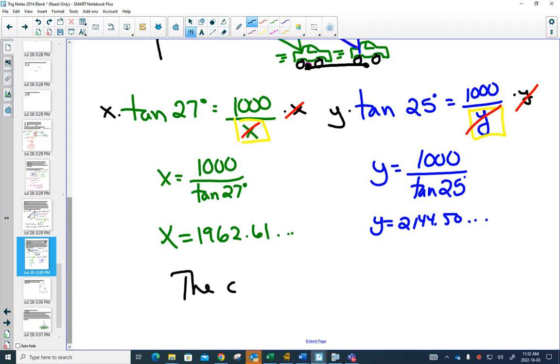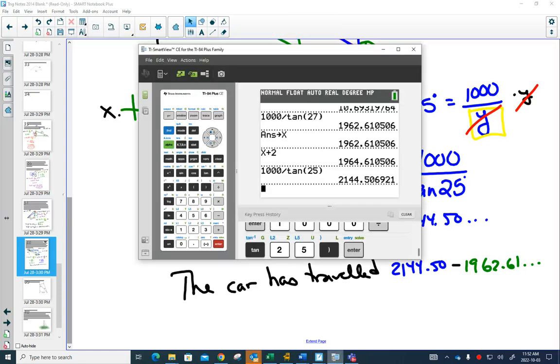So the car has traveled... We have to take the 2144.50 and subtract the 1962.61. How am I going to do that on my calculator? Well, I've got the 2,144. I'm going to hit the subtract button.